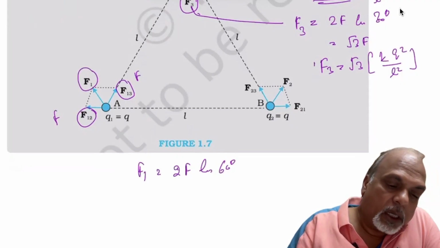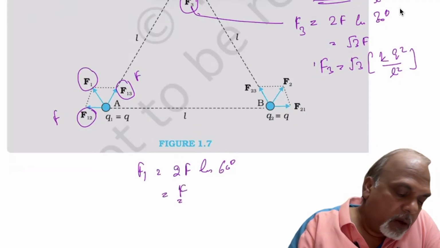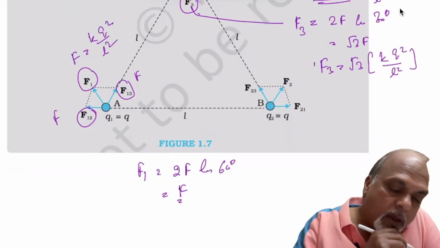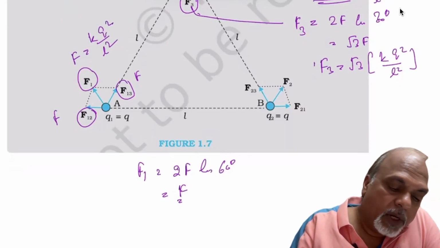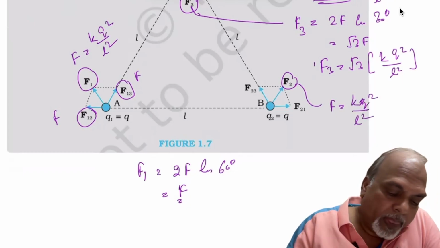Cos 60 degree is your 1 by 2, that is F. Means this is your F only, and that is given by K Q square upon L square in magnitude. Similarly, this will also be F, K Q square upon L square, correct?